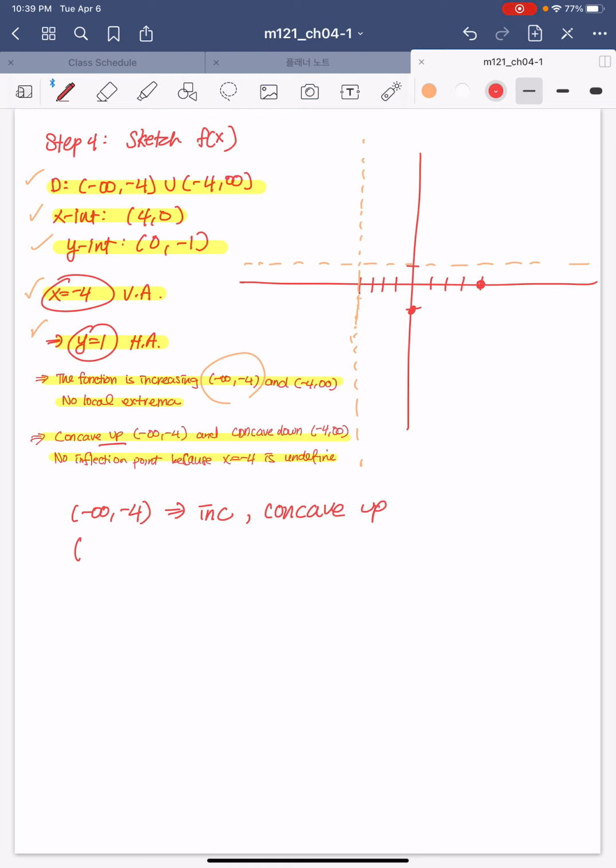And then from negative 4 to infinity, we have again increasing but concave down. So concave up and increasing will be this portion here. You have increasing and concave down, so that will be this part over here.